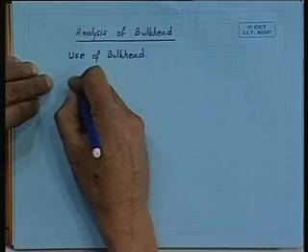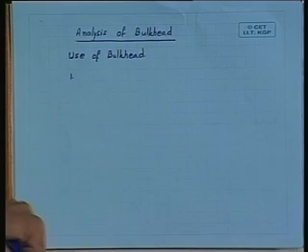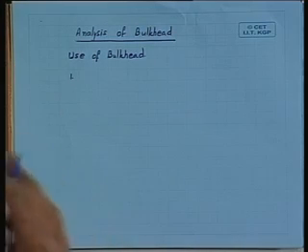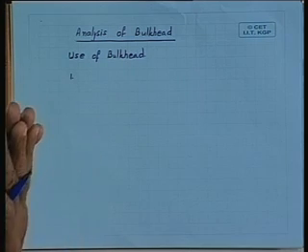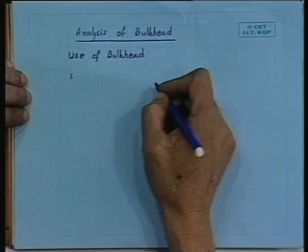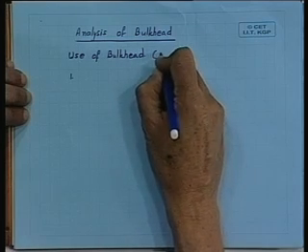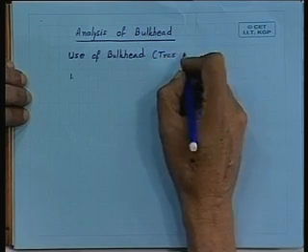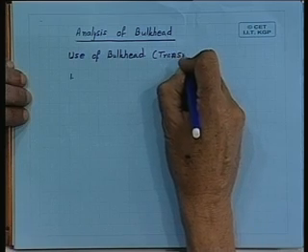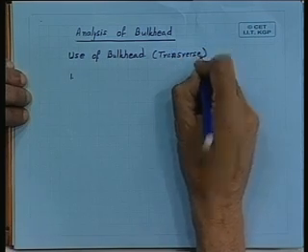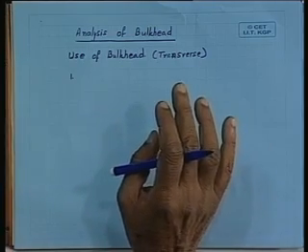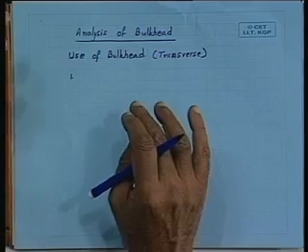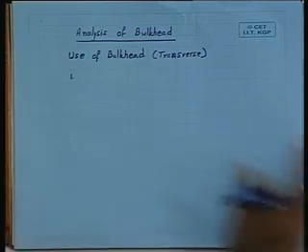This can be listed like this. Number 1, when we say bulkhead, it can be a transverse bulkhead and it can be a longitudinal bulkhead. Okay. So, we try to differentiate between the two, and we say that for the transverse bulkhead, the first and foremost use is that these transverse bulkheads are required to subdivide the ship into a number of compartments.